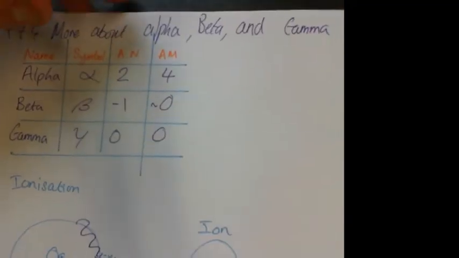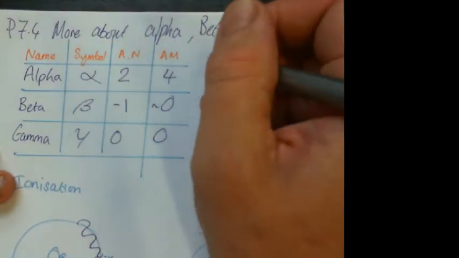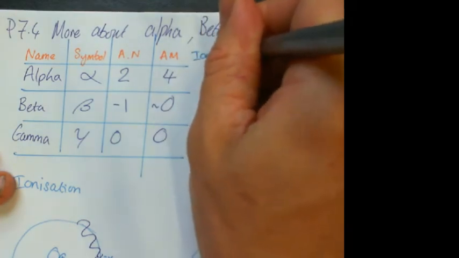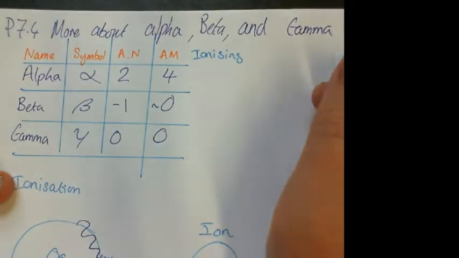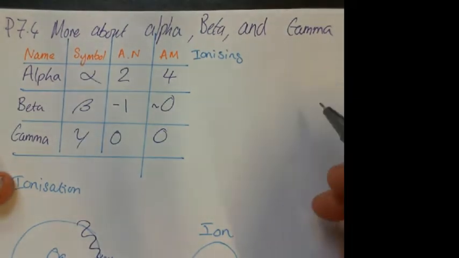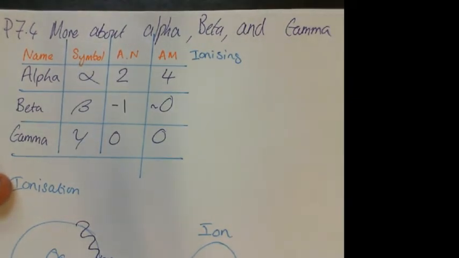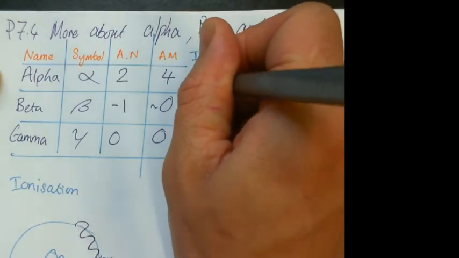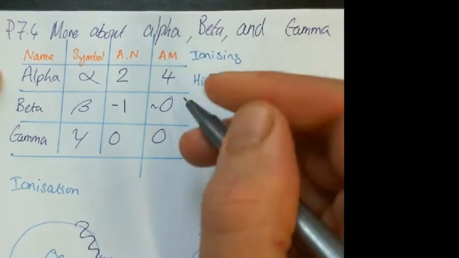And in terms of how ionizing something is, how ionizing something is depends on how much energy it has. And the bigger you are, the more ionizing you are. So alpha particles are highly ionizing because they're huge.